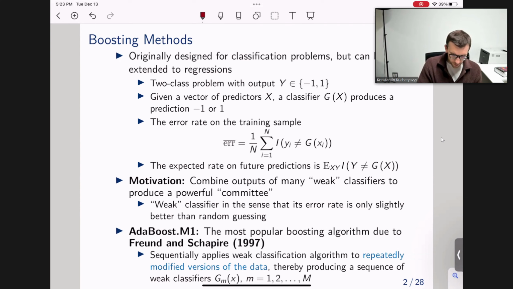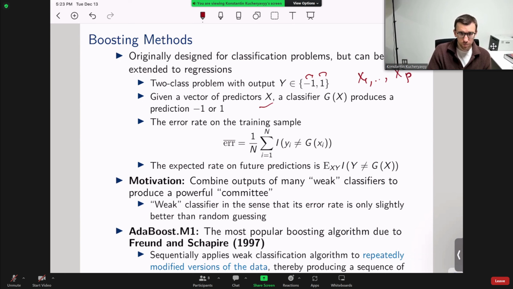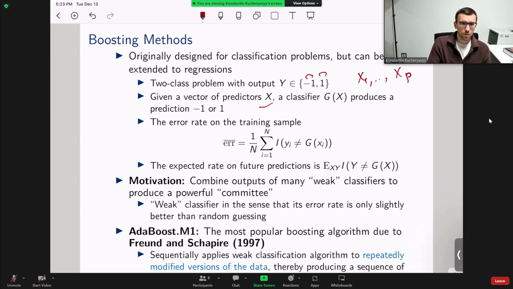So we deal with a, say, two-class problem with output belonging to {-1, 1}. We are given a set of predictors X, p-dimensional as usual, so it can be X1, ..., Xp. A classifier should produce a prediction either -1 or 1.